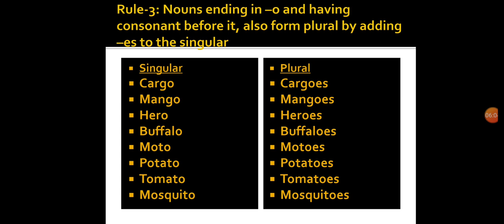Here in the plural of these words we add es to the singular and we find its plural number. Cargoes, mangoes, heroes, buffaloes, mottoes, potatoes, tomatoes, mosquitoes.